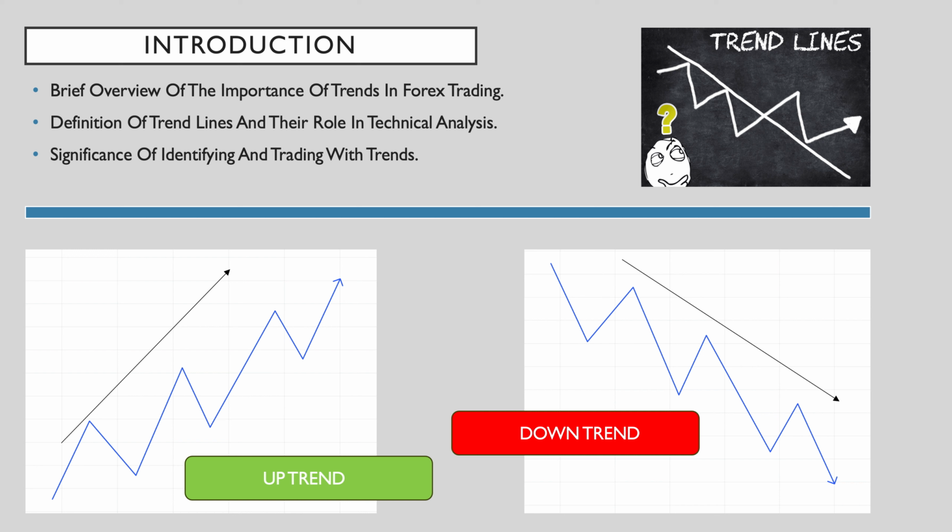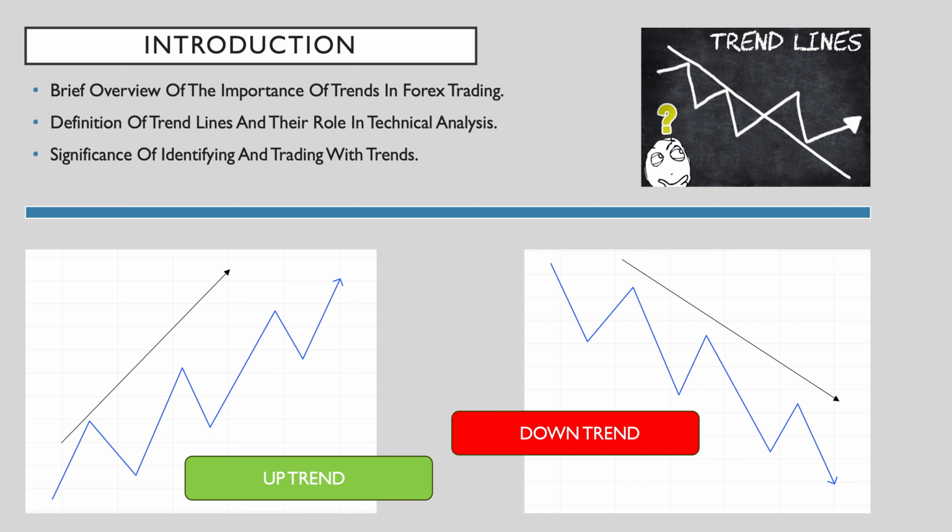If you look at the two pictures here, you can tell that we are in an uptrend on the left picture and we are in a downtrend on the right picture. It's very visible to the eyes, and this is exactly what a trend is.